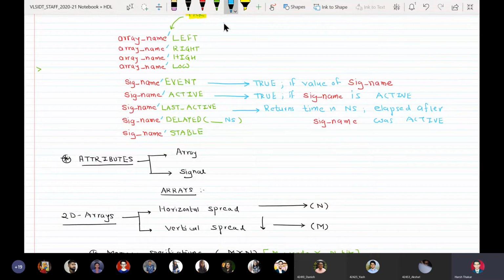Okay, now it is no longer active. This other attribute, sig name tick delayed of n ns, assigns the signal's value after a delay of n nanoseconds.